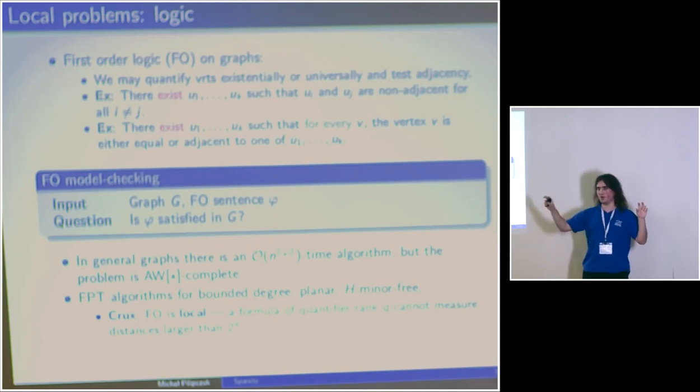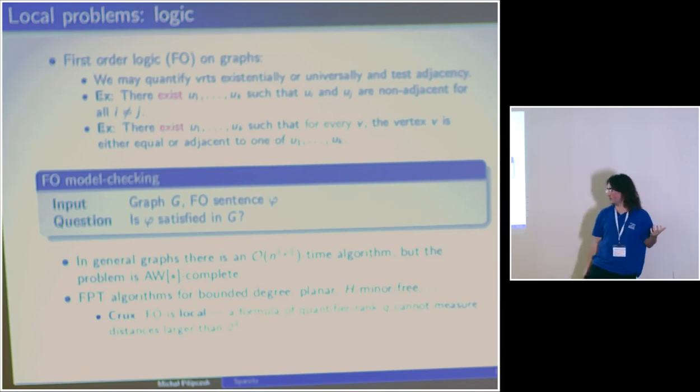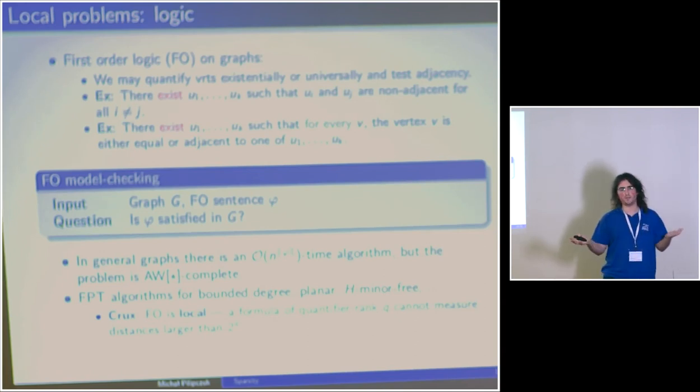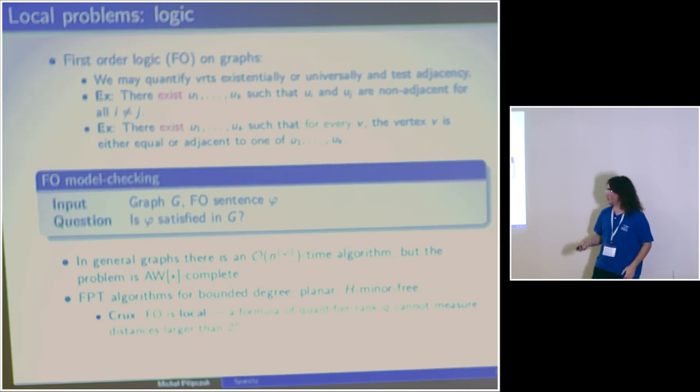With a formula with quantifier rank q, you cannot say that two vertices are at distance, say, 2 to the power q plus 1 from each other. Meaning all distances larger than 2 to the power q are actually the same from the point of view of formulas of bounded size. So this logic can only express local properties, which is also captured by the fact that independent set and dominating set are captured by this logic.